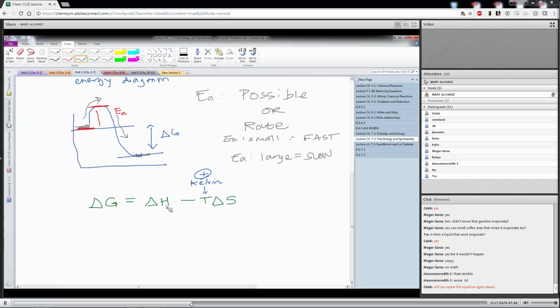Delta H is enthalpy, delta S is entropy, delta G is our free energy. Okay, so for instance, I'm going to put a little chart here, and then we'll see if we can fill in what we know about delta H, delta S, and delta G.